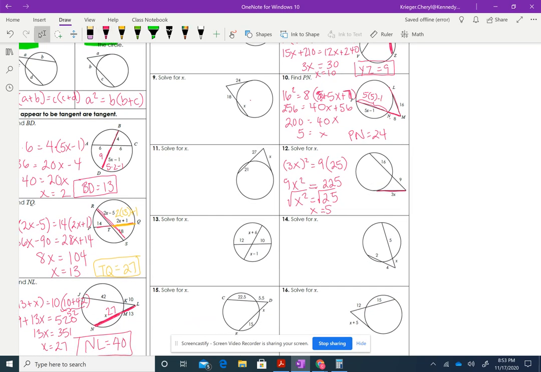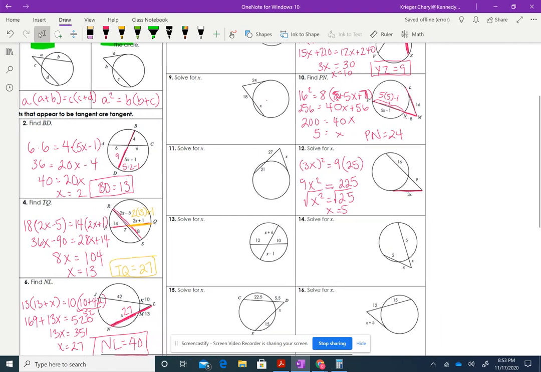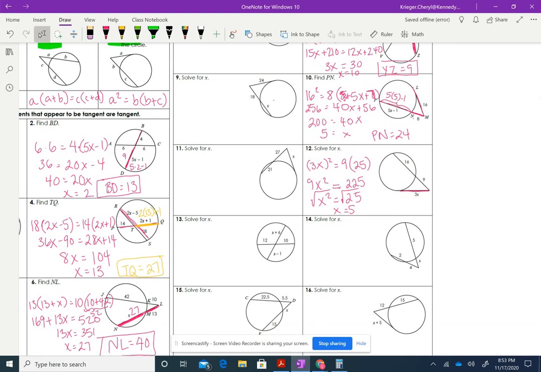Number 14. Which type is this? It almost looks like a tangent, but it's not. This one's 2 chords. So that's type 2. It's the outside portion 4 times the quantity of the sum of the 2. So 2 plus 4 is 6 equals the outside portion times the sum of the 2, x plus 5.